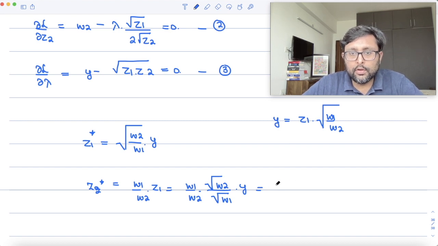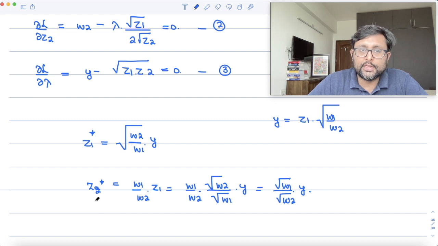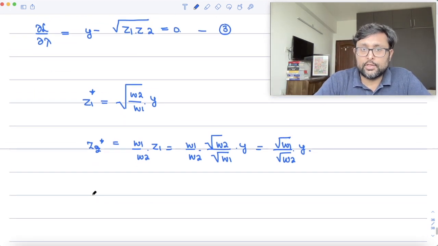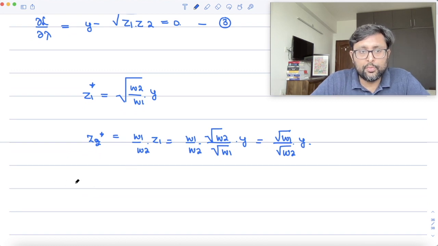So you have root of W1 by W2 Y. So you have the conditional input demand for both Z1 and Z2.